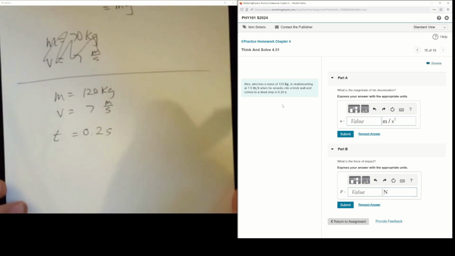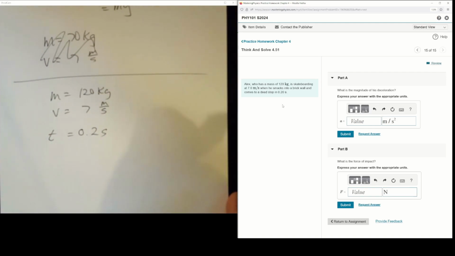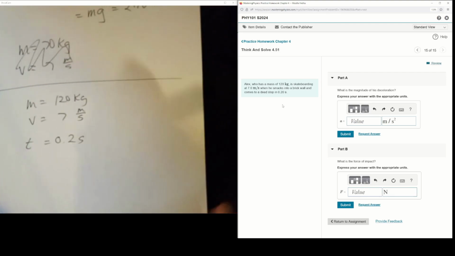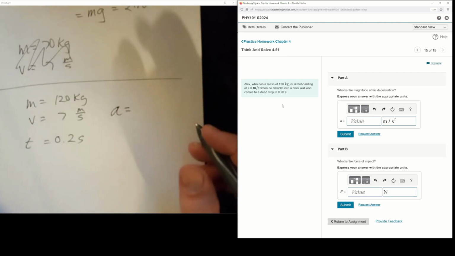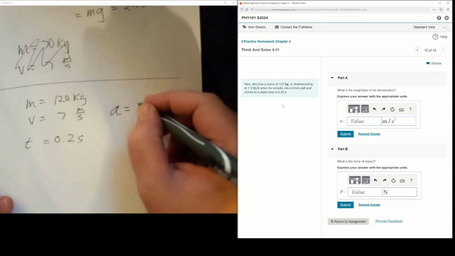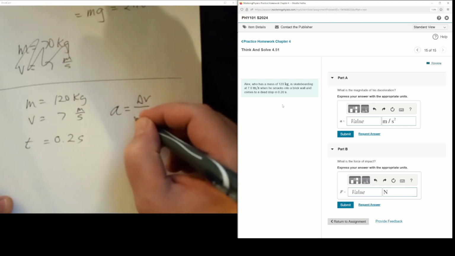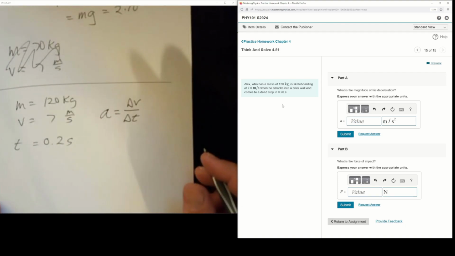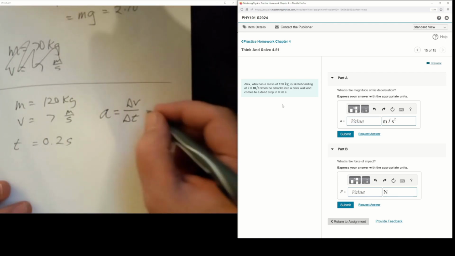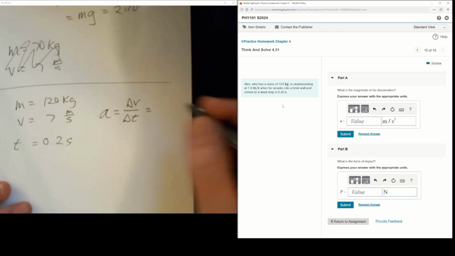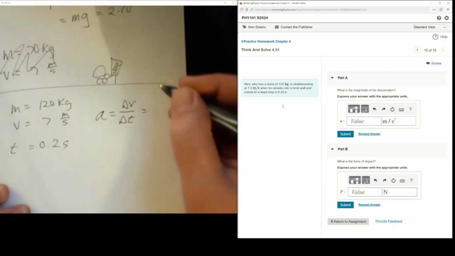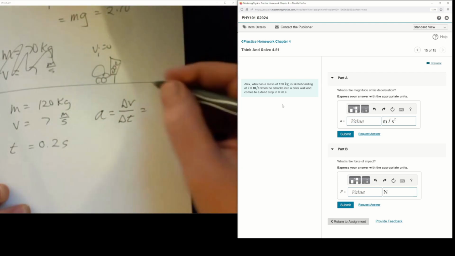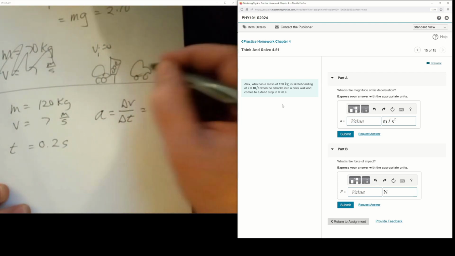This reminds me there was another part in the book here. This is another reason why I'm glad to go through these problems, in case I missed something. But acceleration is the change in velocity over change in time. So let's say you start at a stoplight. Your initial velocity is 0, and then you go to the speed limit.